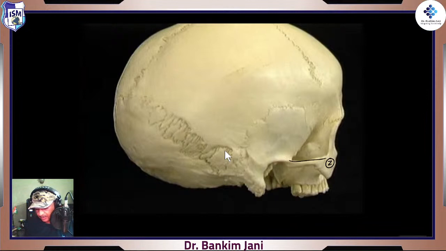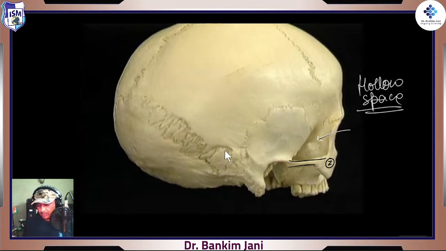This is one arch. That means there is a hollow space over here, right? That is a hollow space. Because see, the arch is like this, the zygomatic bone is in front, and this temporal bone is on the sides. So actually it is forming one hollow space, and that space is called the temporal fossa, right?